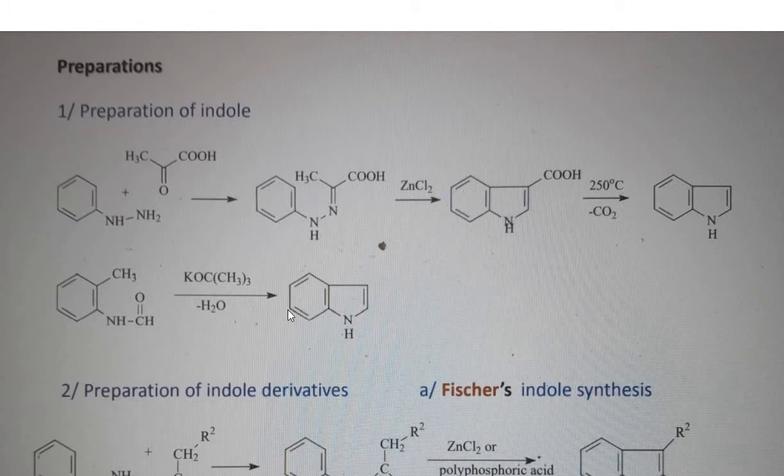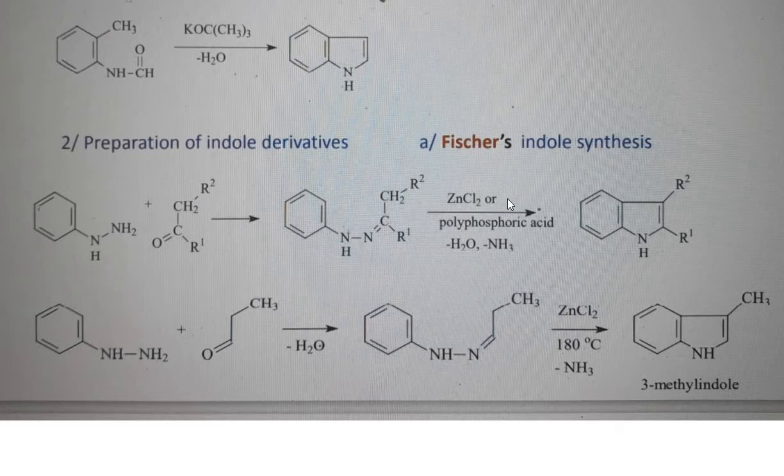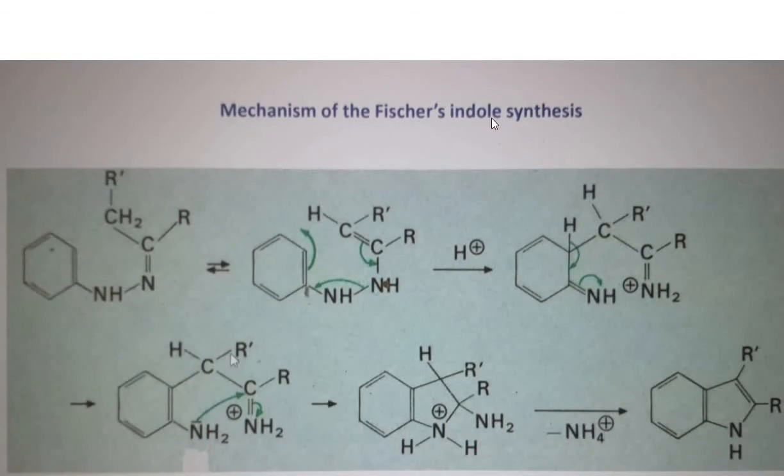This is one mechanism, and another one: Fischer indole synthesis is very important for indole, so check it, practice it, write it down. You can see this is the mechanism of Fischer indole synthesis. Write it down several times, how this bond is breaking here, making a carbon-carbon bond.